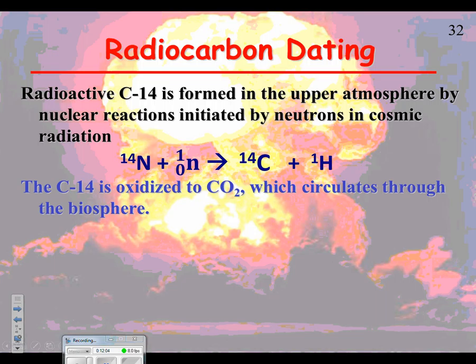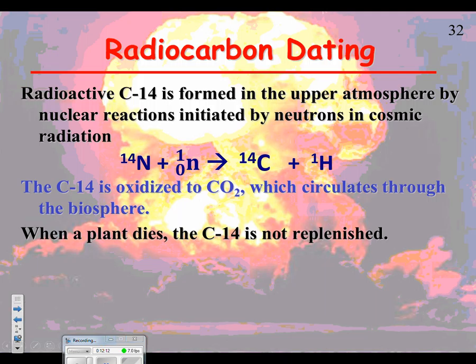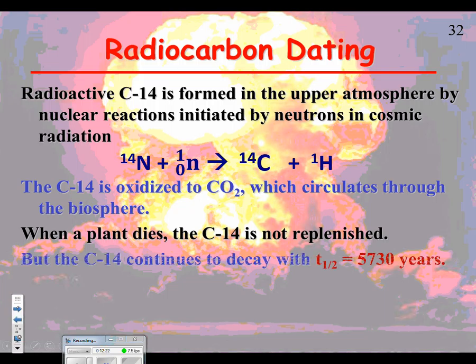And as long as we're living and the plants are living, we're exchanging the C14 pretty often. Okay? But when a plant dies, the C14 is not replenished. And so we're able to see a living plant next to something that's died and determine how far away from each other they are. Okay?